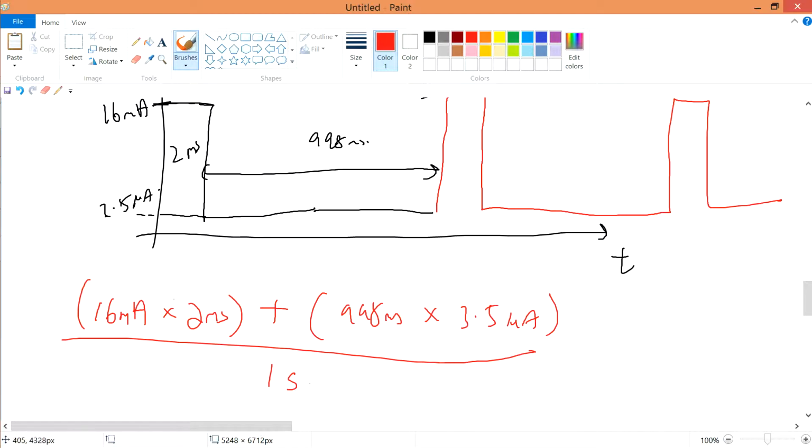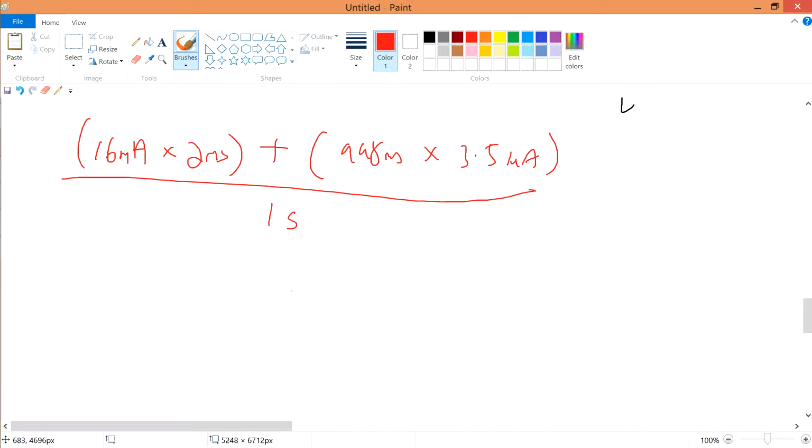So if you do this math, I would have 16 times 2, which is 32. Milli times milli gives you a micro, because milli is 10 to the negative 3, times 10 to the negative 3, so you get 10 to the negative 6.